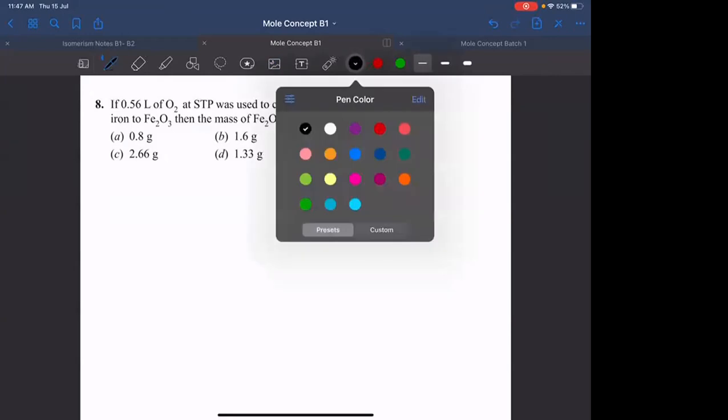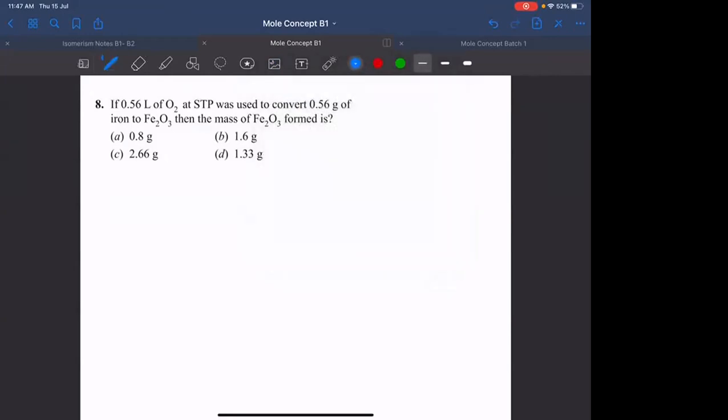The first step is to write the equation. I hope everyone has written the equation. Fe is reacted with O2 to form Fe2O3.